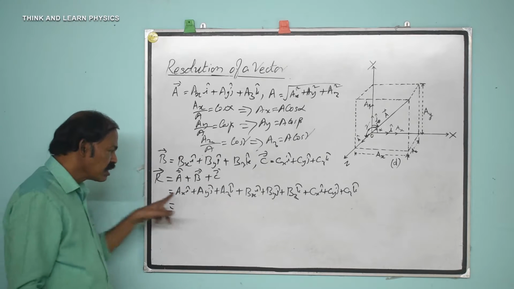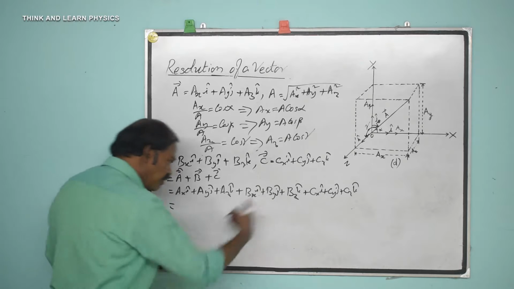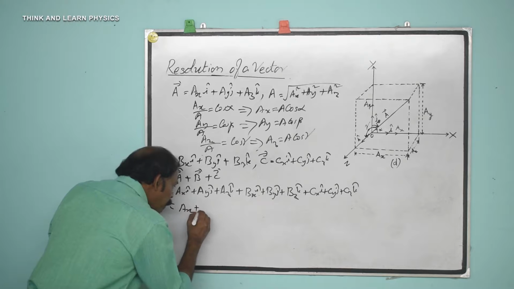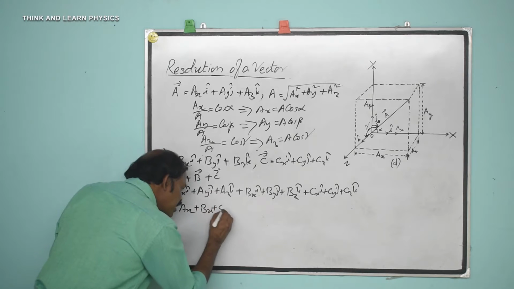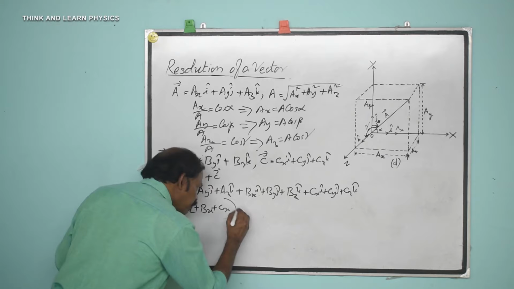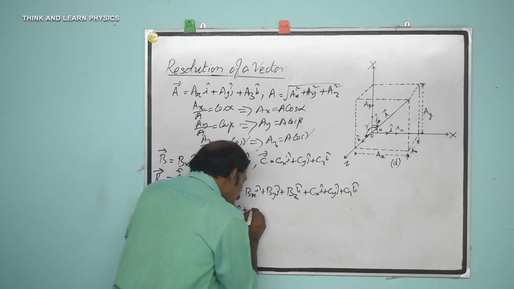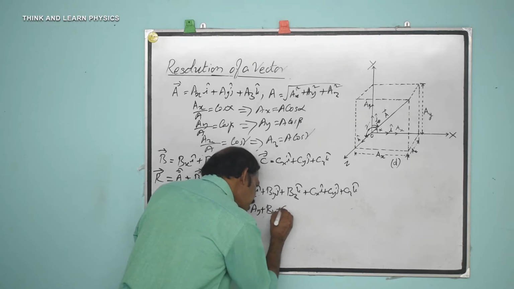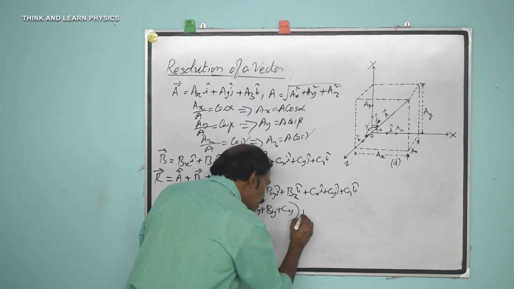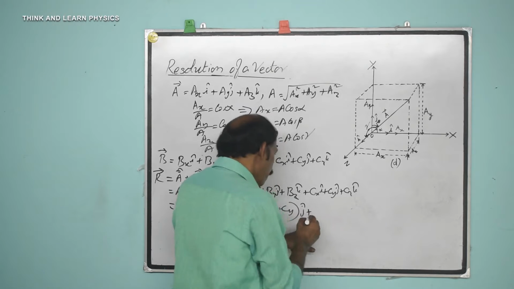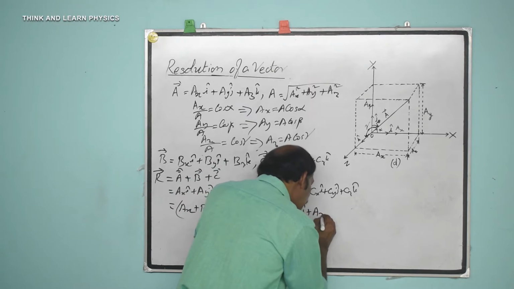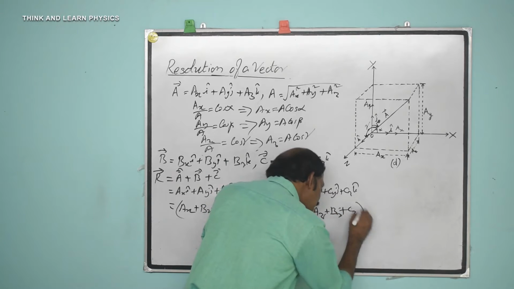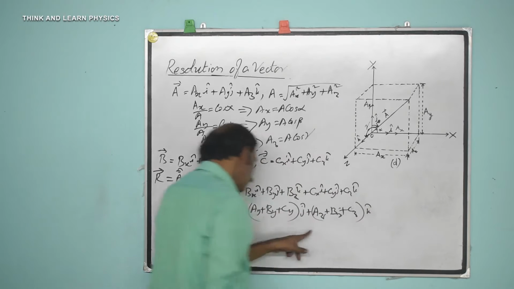Now we can collect i cap from all the three vectors. Then we get ax plus bx plus cx into i cap. Similarly, ay plus by plus cy into j cap, plus az plus bz plus cz into k cap.